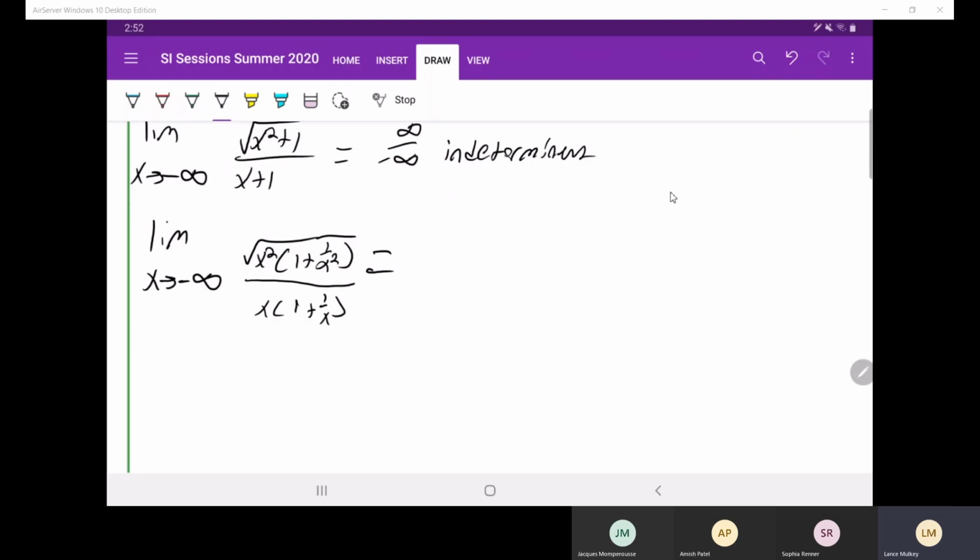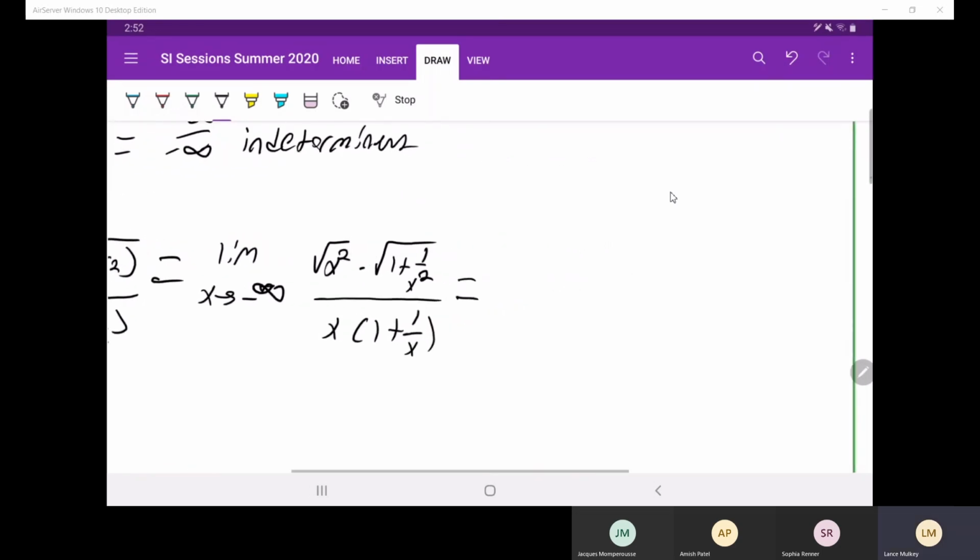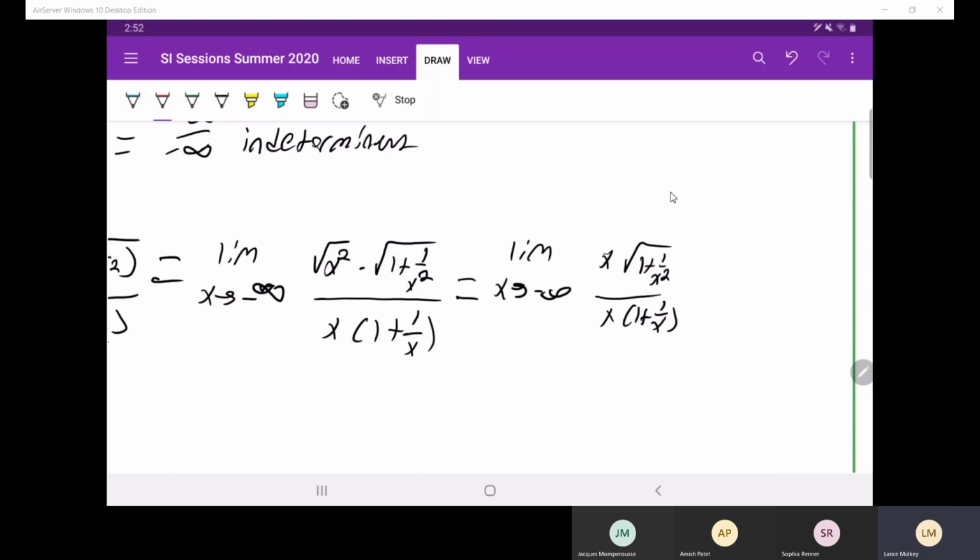And because of the laws of exponents, you can see now they drop.